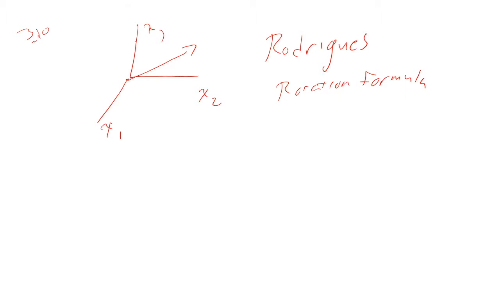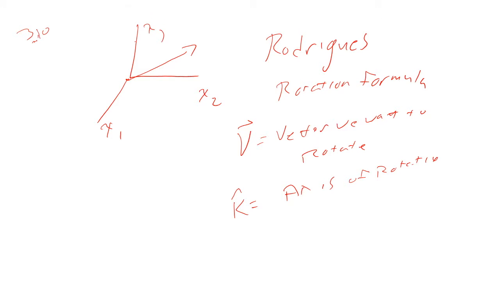If v is the vector we want to rotate, and k is the axis of rotation, k is by definition a unit vector.